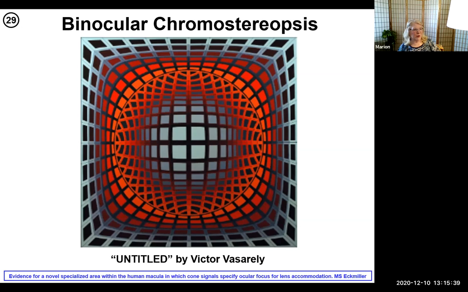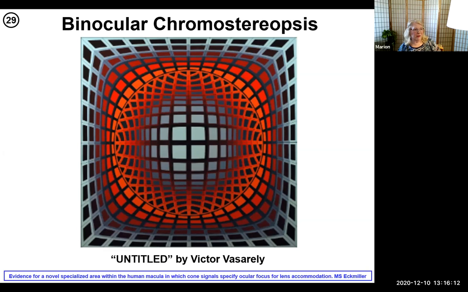Okay, to rest your eyes for a minute, please look at this drawing. It's a painting in the San Diego Art Museum, which demonstrates chromostereopsis. So if you have binocular vision and you look at this painting with both eyes open, you will see that the red colored images appear closer to you than the blue images, which are far away.